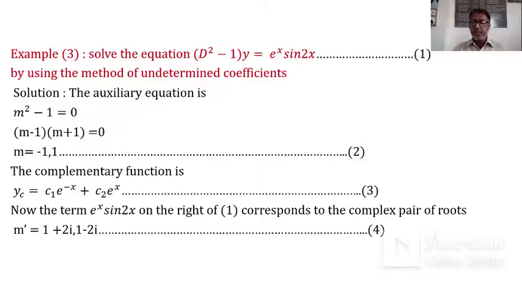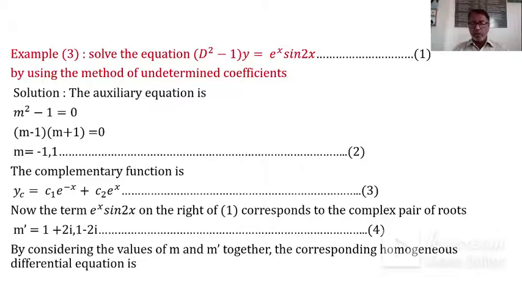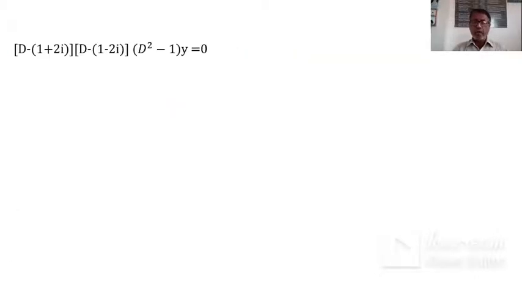Now, how to write this? This is m minus (1 plus 2i) into m minus (1 minus 2i), or in terms of D, it is D minus 1 plus 2i, D minus 1 minus 2i.